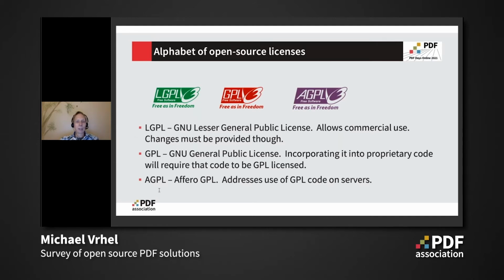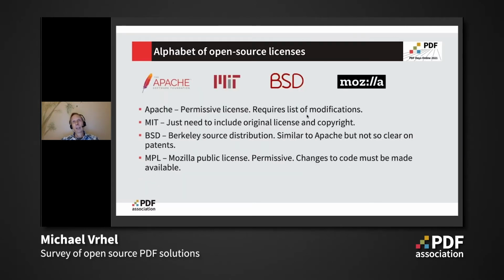And so the AGPL closes that loophole. There's several projects that we'll talk about that have both the GPL and AGPL licensing. And within those projects, there's also often other projects that are used that have other open source licenses. For example, some projects make use of certain libraries like Little CMS, for example, which has an MIT license.